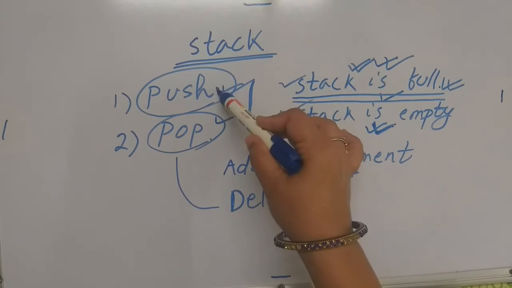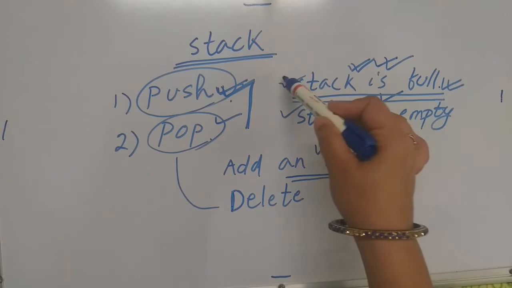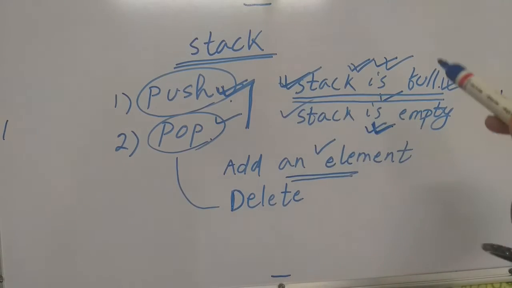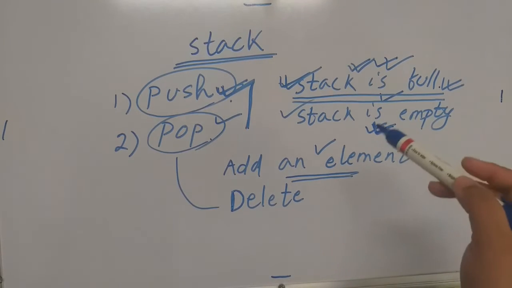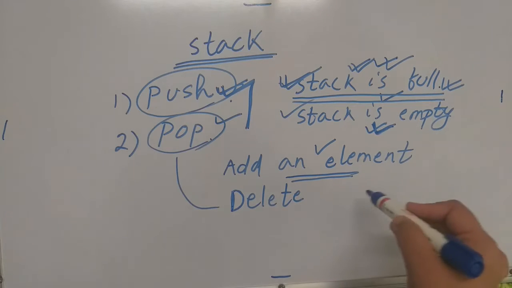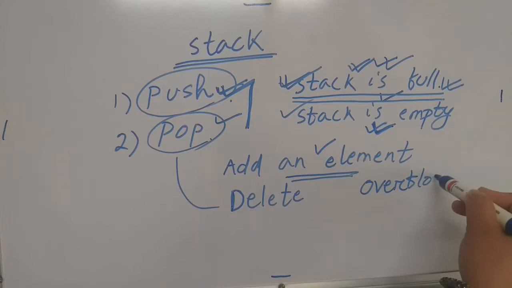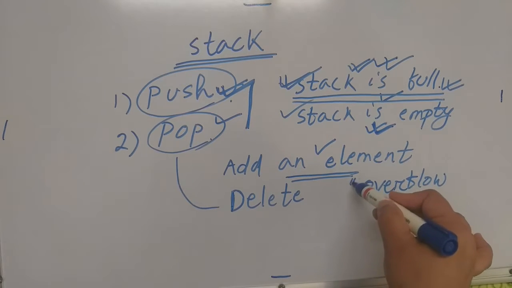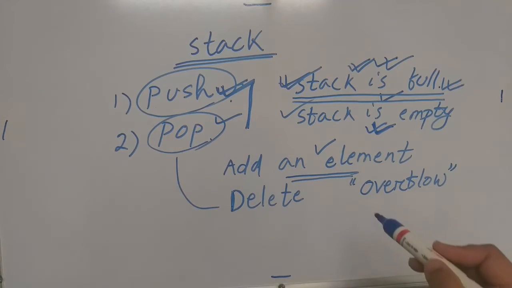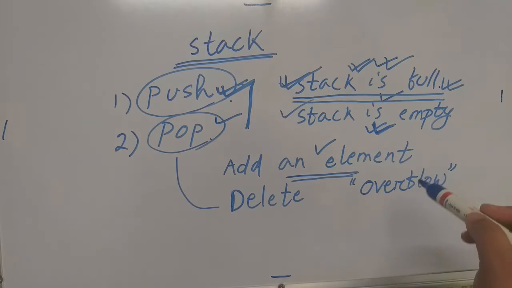So in the push operation, whenever we find that the stack is full, we give one message that the stack is overflow. Okay, that means the stack is already full.